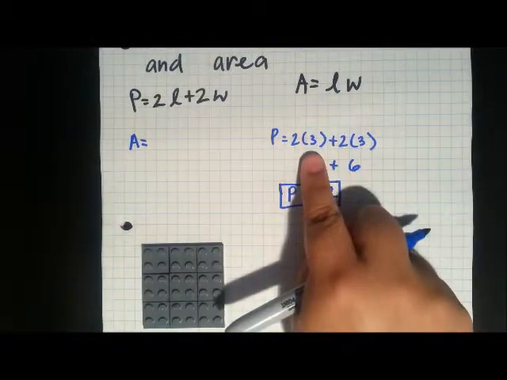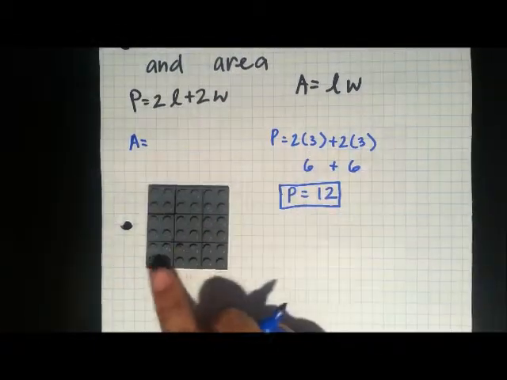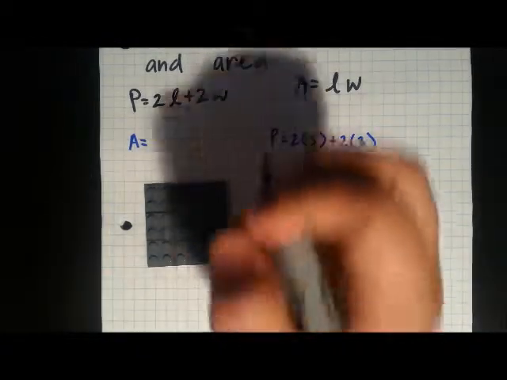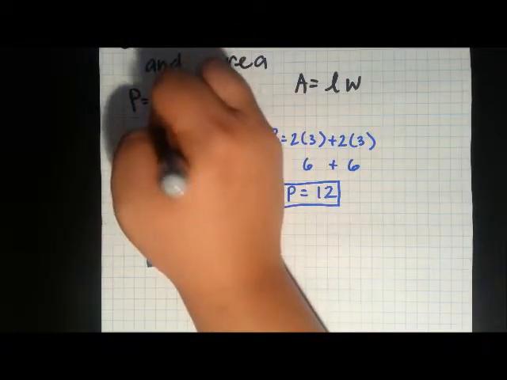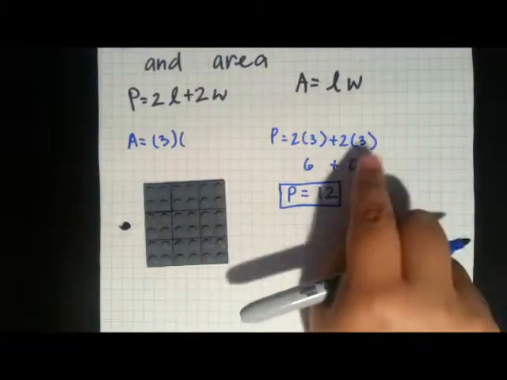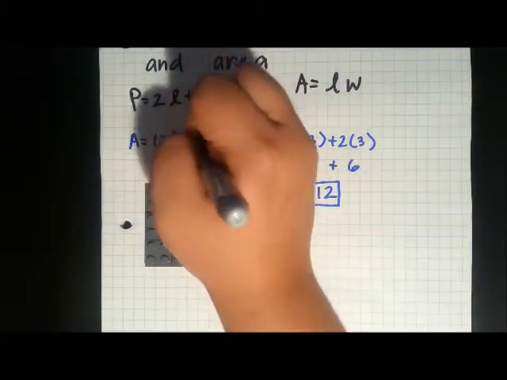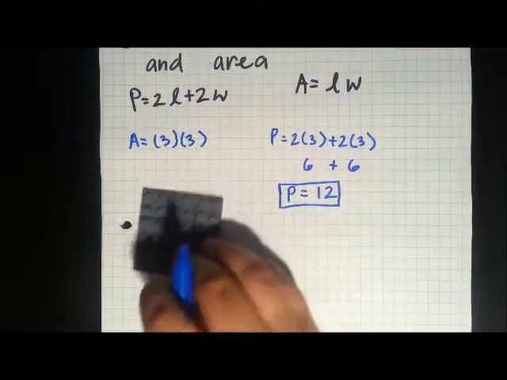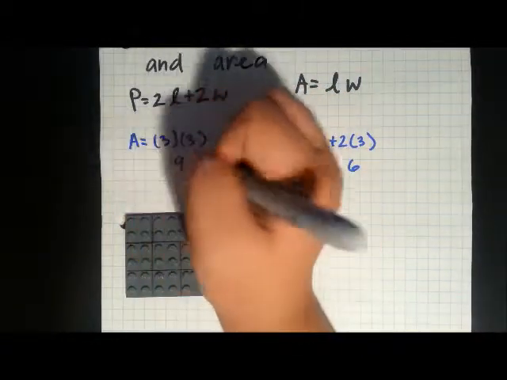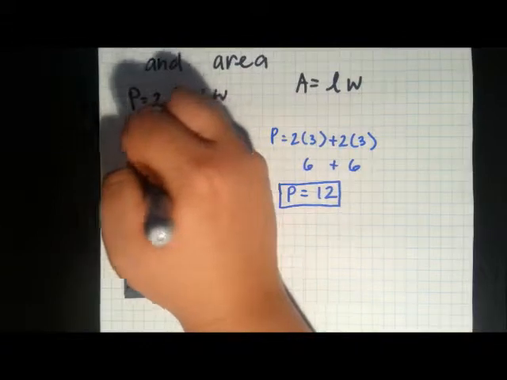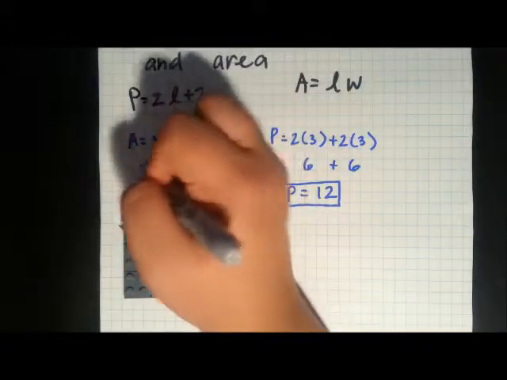We said the length was 3, or just to be sure, 1, 2, 3, times the width. We said the width was 3, 1, 2, 3. So then 3 times 3 is equal to 9, which means the area is equal to 9.